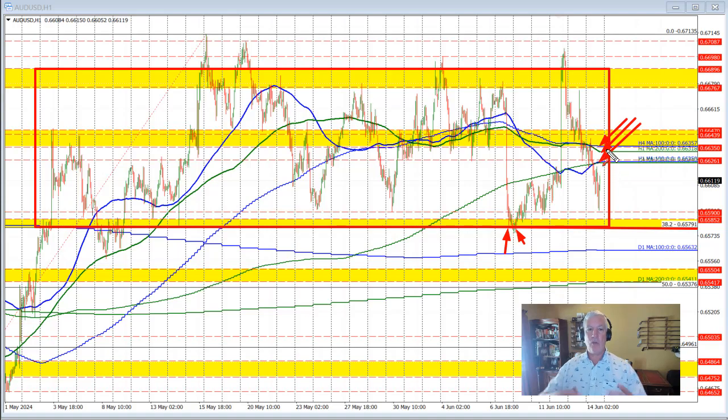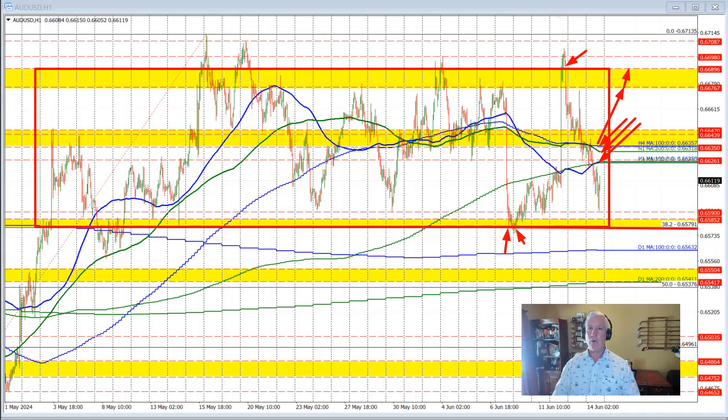Getting above all of those moving averages would increase the bullish bias as well. If it's able to do that either today or going forward, then I would expect to see the sellers turn to buyers, the bias turn more to the upside, and have traders looking back toward our high prices that we have seen over time, including this week where the price broke above the high of the extreme, but failed on that move to the upside.